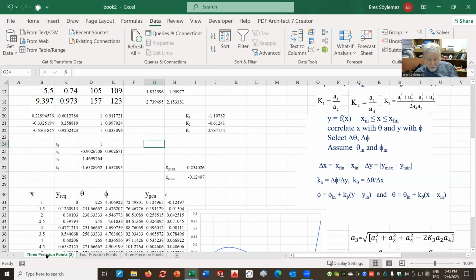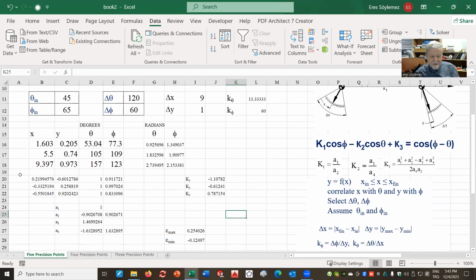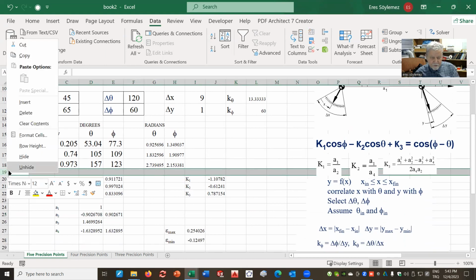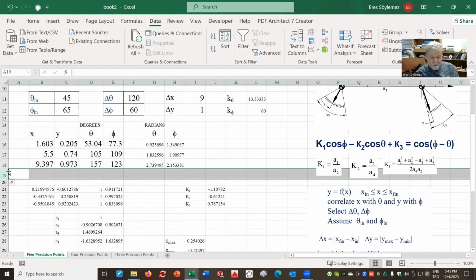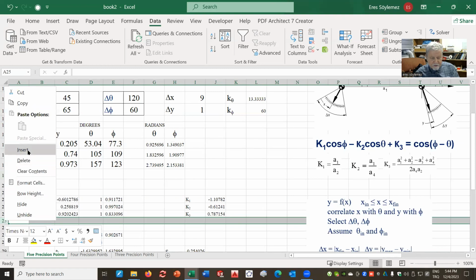I have created a copy, and I'll rename it as 5 precision points. Okay? And what I will do is, first of all, I'll insert more rows, so that I can write those 5 equations. Insert.